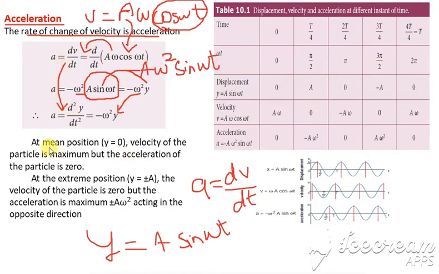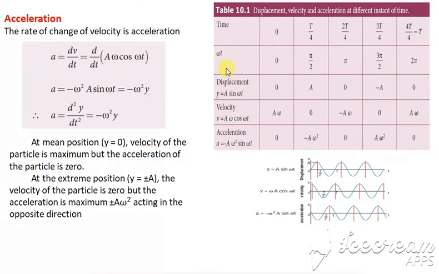Now, at the mean position y is equal to 0, the velocity of the particle is maximum, acceleration is again 0. So see in this equation, taking displacement, velocity and acceleration over here, we are going to see the equations for first omega t, then a sin omega t, a omega cos omega t, and then for acceleration the formula is what?